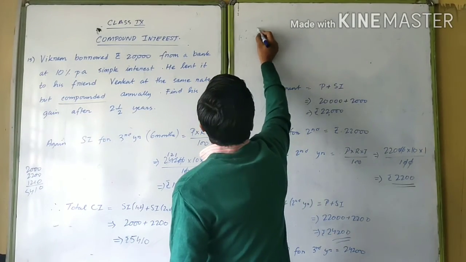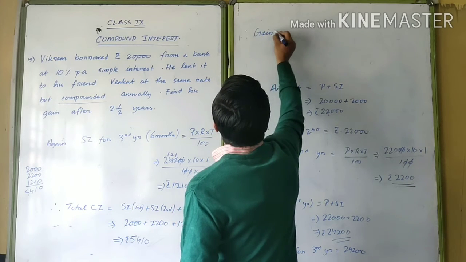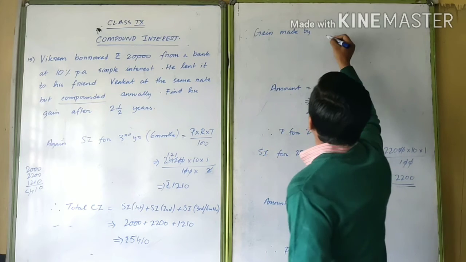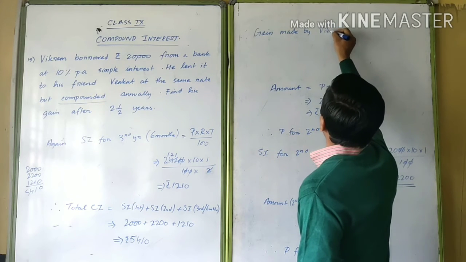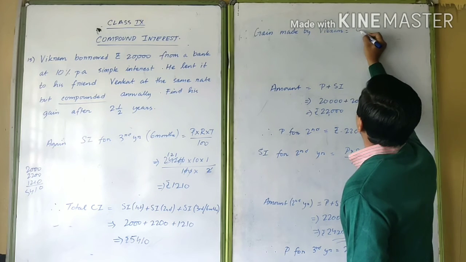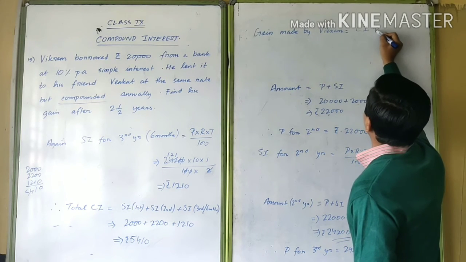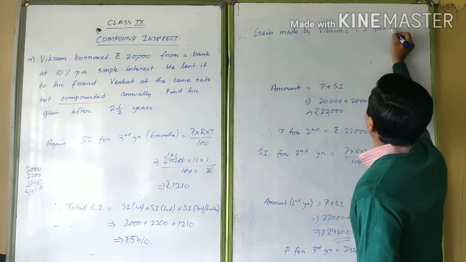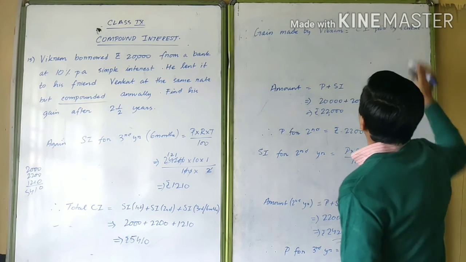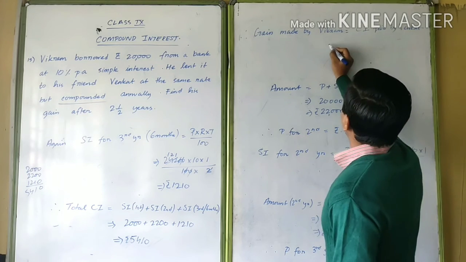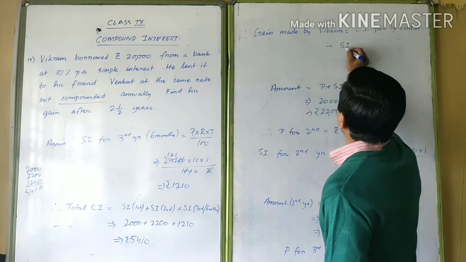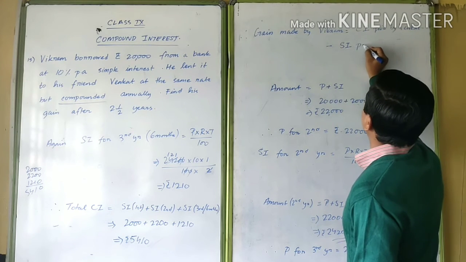Therefore, gain made by Vikram equals CI paid by Venkat minus SI paid by Vikram.